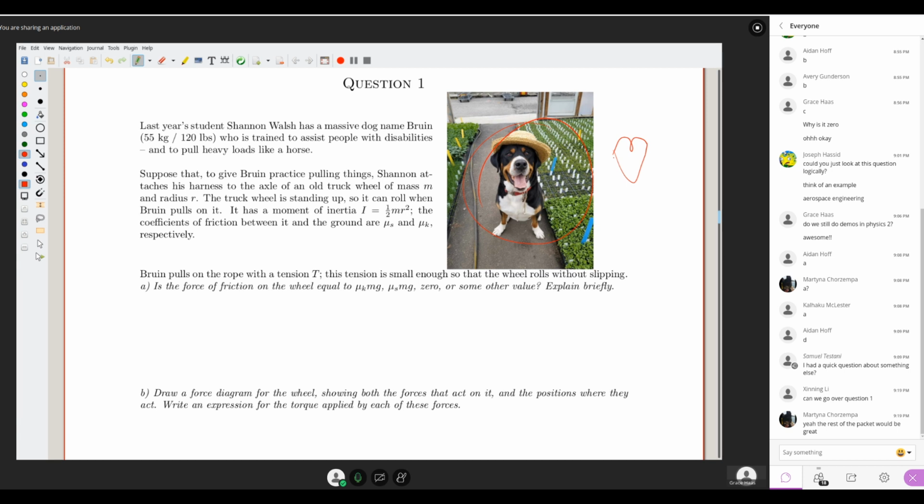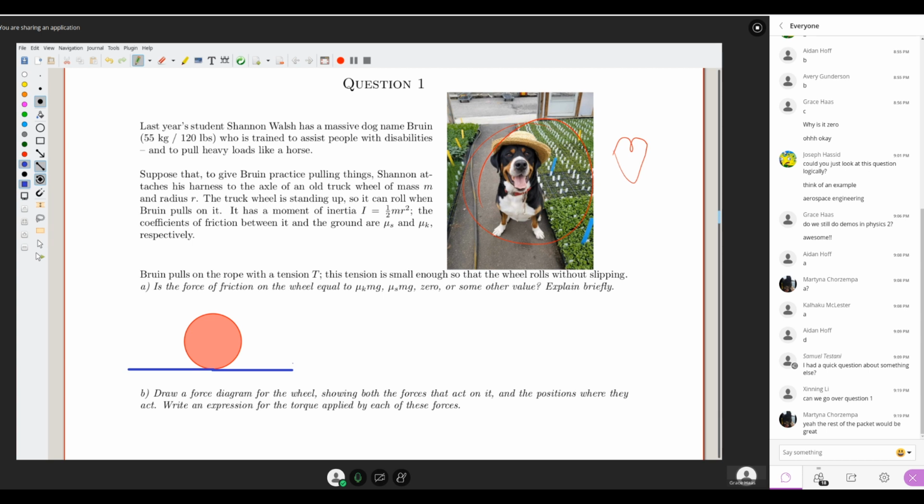So let's draw the extended free body diagram here. Bruin is pulling this truck wheel. So we've got to draw the ground here. Here's the ground.